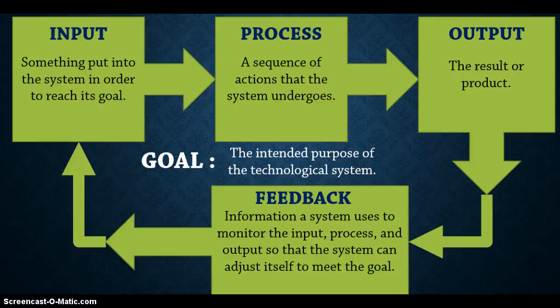Maybe the actions that we identified as something that the inputs need to experience, maybe the process needs to change so that we get a different result that coincides with the goal or our intended purpose that we're trying to achieve. So again, feedback is the information that a system uses to monitor the input, process, and output so that the system can adjust itself to meet the goal.